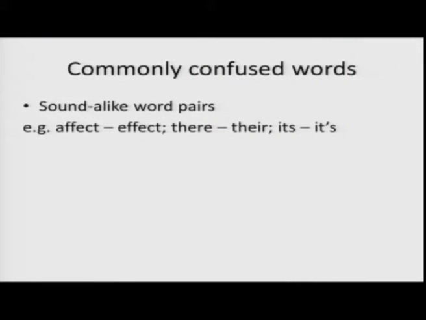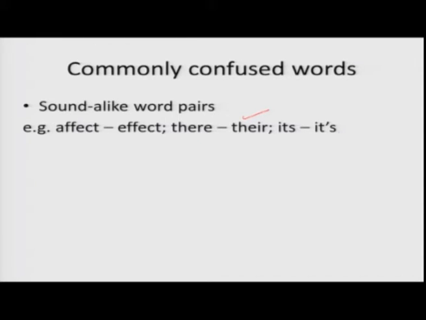Affect, effect. Very similar sounding words, and the meaning is also very similar. One is a verb, one is a noun, so there are a lot of chances of confusion. Then look at there and their, they sound alike. Many students get confused and use one word when they actually wanted to use the other.